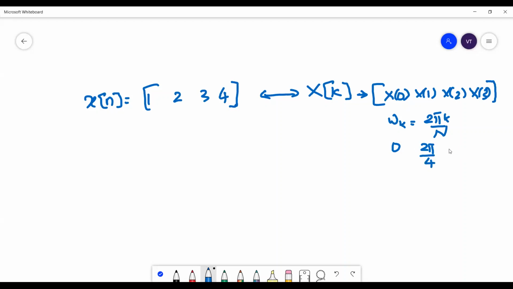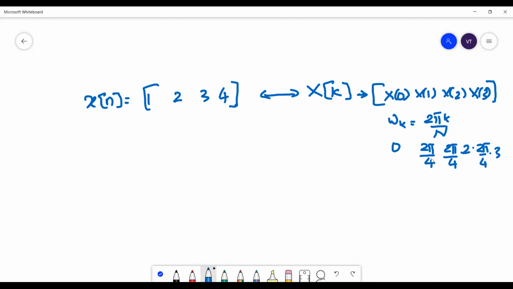The third sample was at what? 2 pi by 4 into 2, right? And the fourth sample was at 2 pi by 4 into 3, right? Is that understood? First sample is at 0, that is k equal to 0.